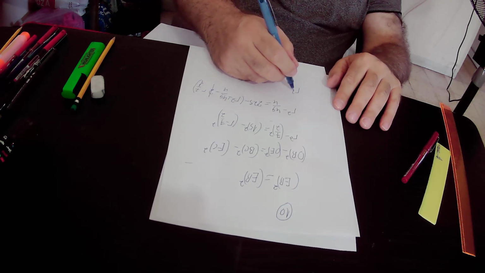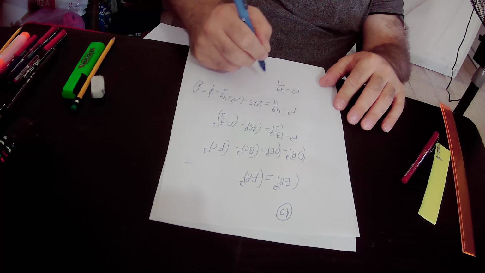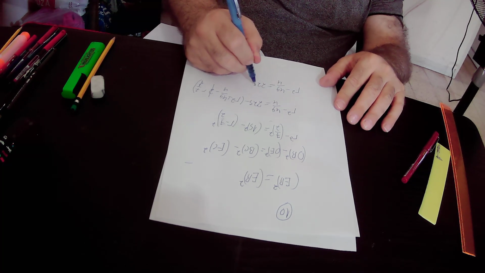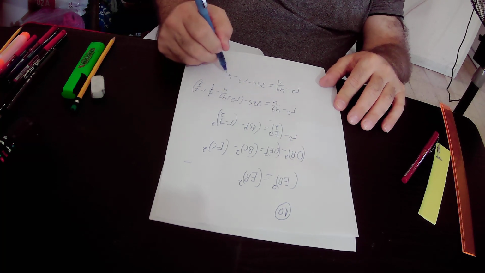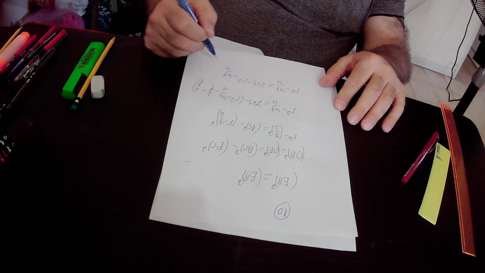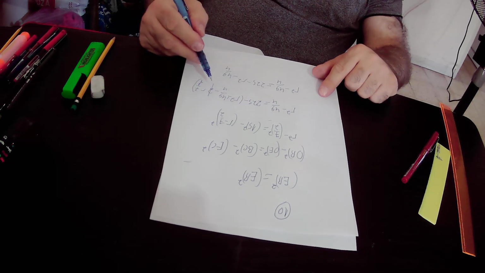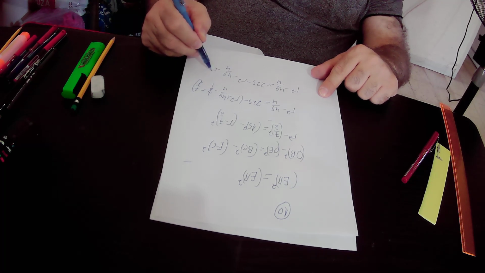R square minus 49 over 4 equals 225 minus R square minus 49 over 4, and here we have minus times minus is plus 7R.